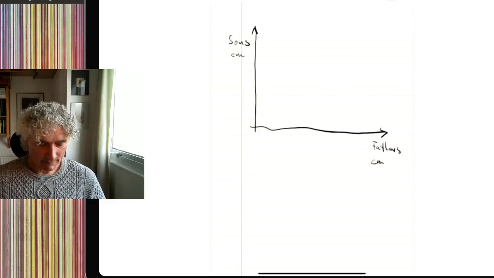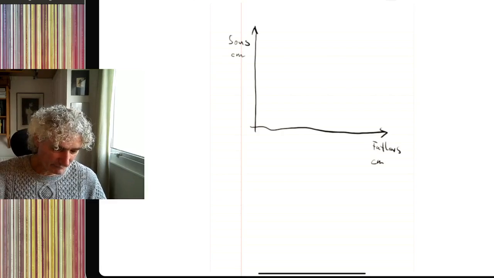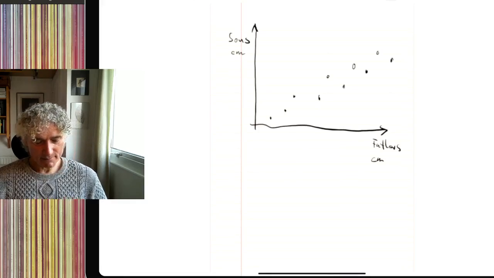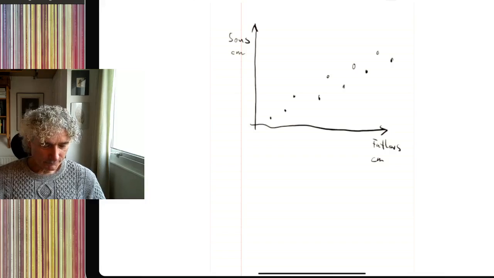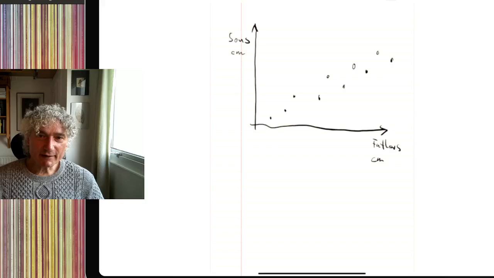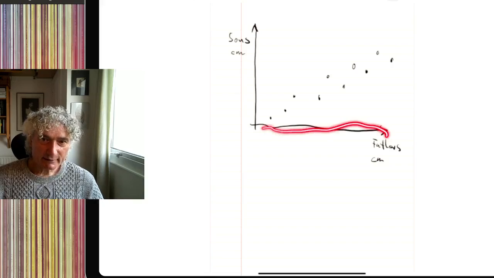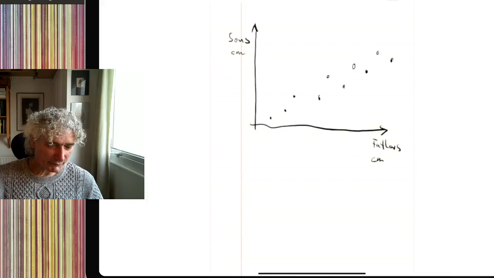Then you will have that some fathers here will be very small, some other fathers will be a bit taller, a bit taller, more taller, and so on. So you want to verify the general trend that a certain father with a certain body length has a son of a certain body length.